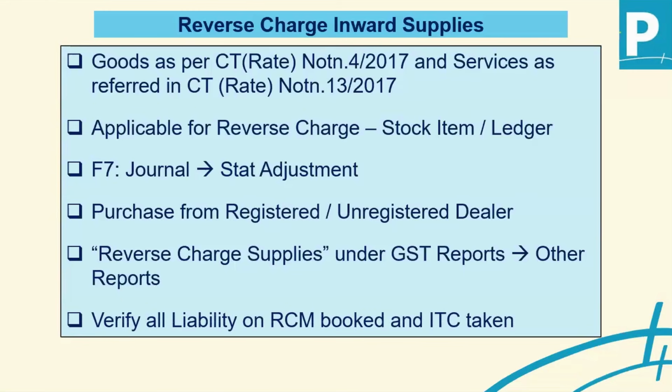Verify that all the liabilities on RCM are booked as well as the ITC has been taken. That has to be done here. Instead of making two statutory adjustments, I can make only one, where I have to select increase tax liability. Even then I need to check it out, sir. Bhavesh is suggesting this, and anyway I need to check whether the taxable value is captured in that particular outward liability portion.